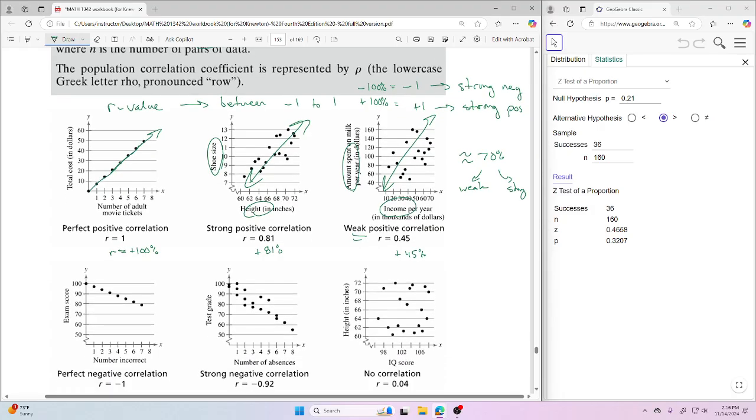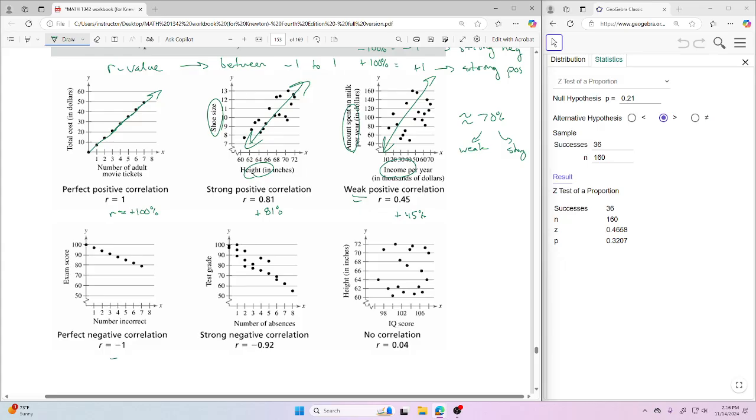And so the negatives, negative 100%. You can see it's like a straight line again. Number incorrect in exam score. So I got negative 92%. Absences and test grade. Oh man, don't talk about that in this class.